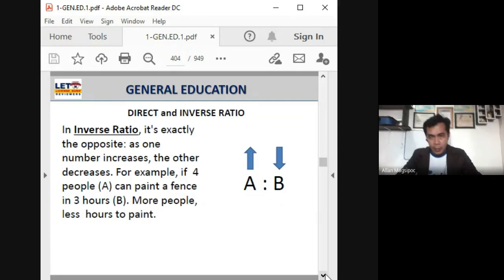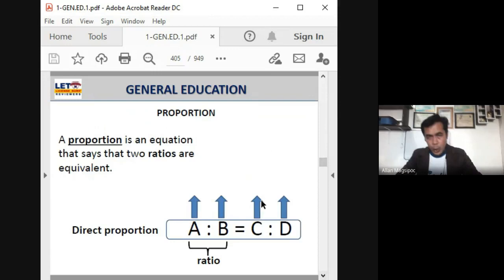Kung sa ratio merong inverse at merong direct, meron ding sa proportion. Proportion is defined as an equation that says two ratios are equivalent. So if the one proportion is direct, it follows that it should also be a direct ratio.